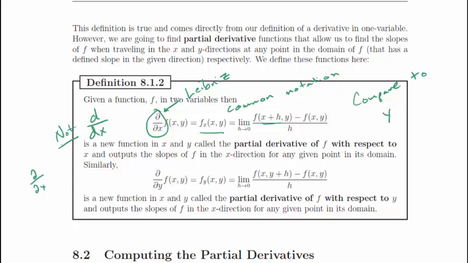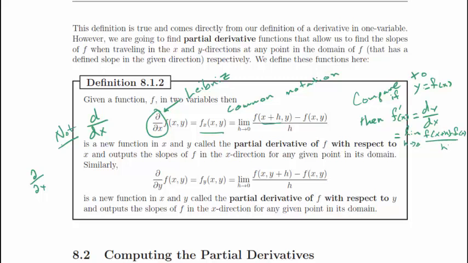This is compared to, if I have y equals f of x, then f prime of x equals dy dx, in our Leibniz notation, equals the limit as h goes to 0 of f of x plus h minus f of x all over h, right?